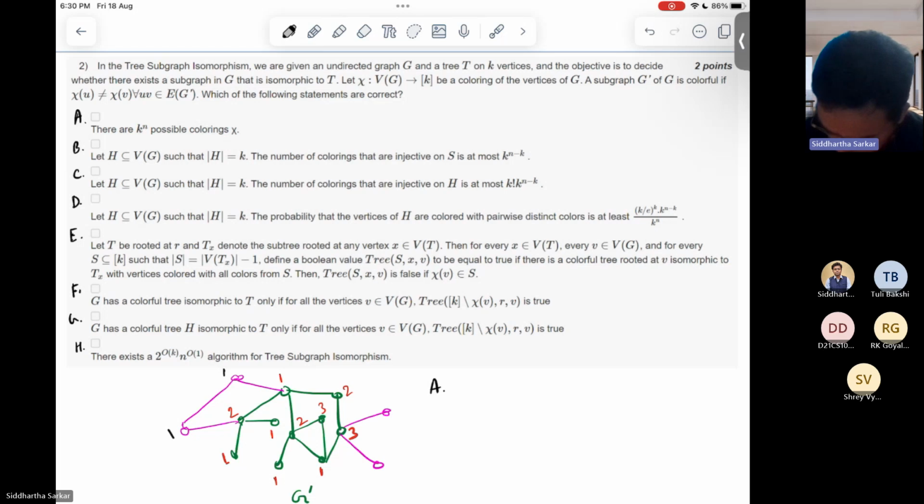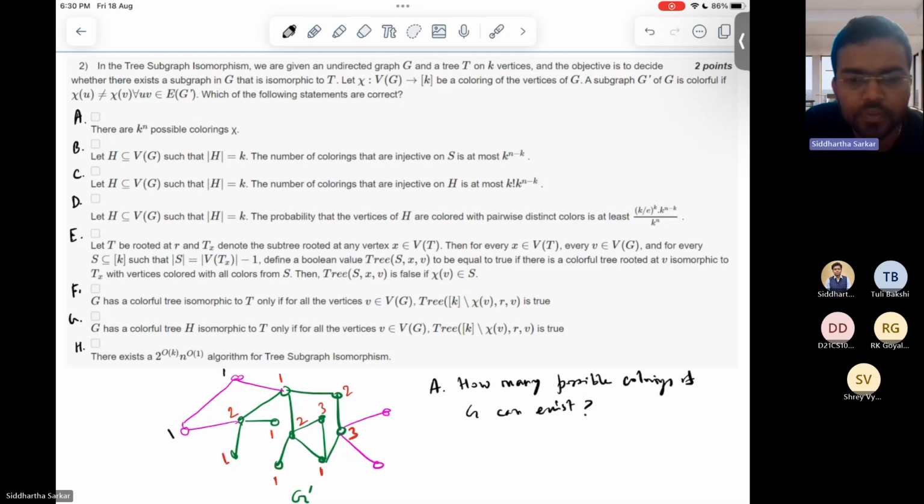So the first one is asking how many possible colorings of G can exist. Any thoughts?